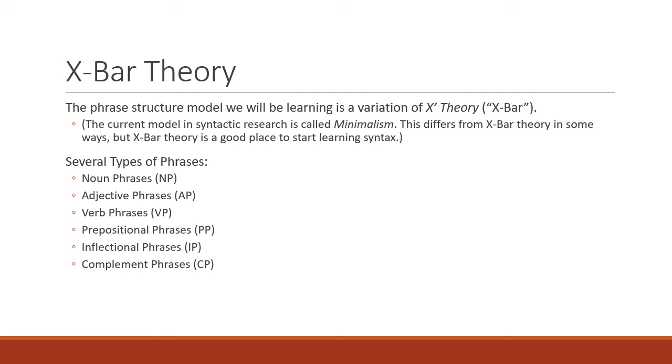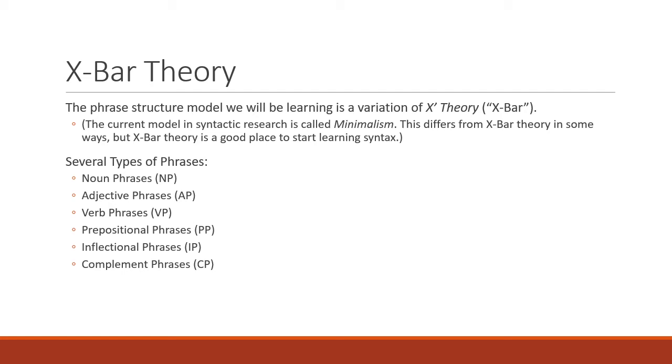In syntax trees, there are several different types of phrases: noun phrases, adjective phrases, verb phrases, prepositional phrases, inflectional phrases, and complement phrases. Those are NP, AP, VP, PP, IP, and CP. Whenever you see an XP, that X is just like a variable in math, where the X can get replaced with whatever you want.